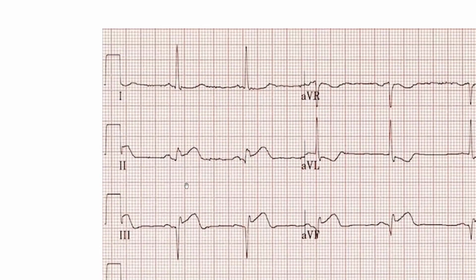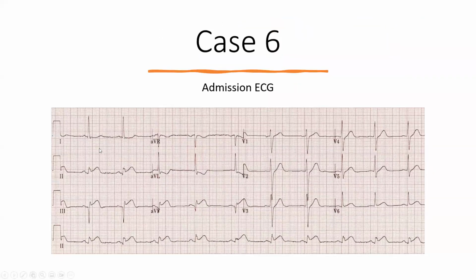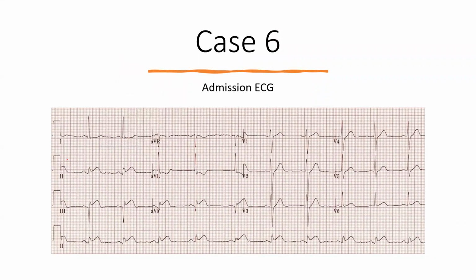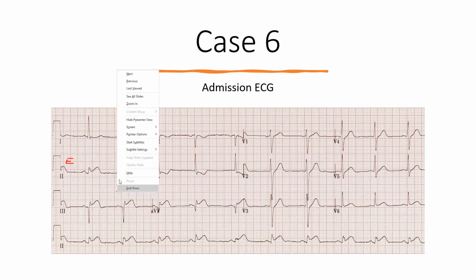So there's a significant ST elevation. And that being the case, we're going to indicate that this is an elevation, because we're going to see further whether or not this ST elevation is also present in other leads.